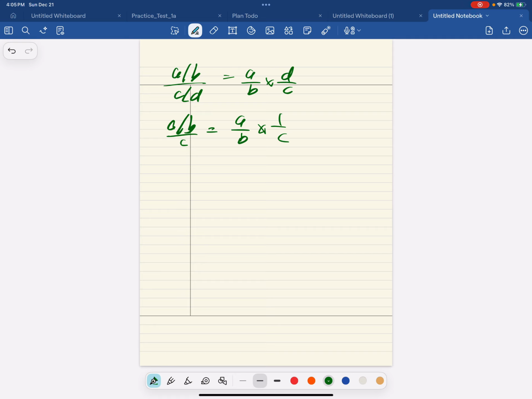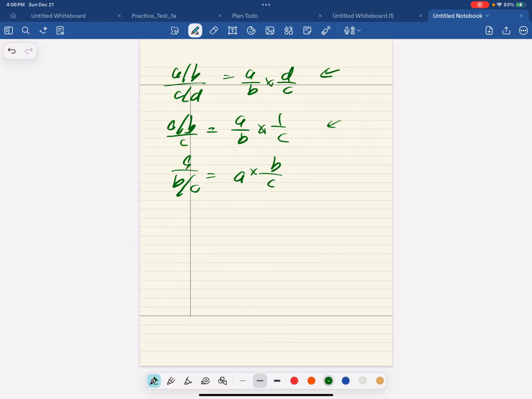And these are some rules, I should say, that you should remember, because it always comes in handy. And if you mix up when to switch upside down or when to turn it into a multiplication, if you mixed up and did times c over 1 instead, that would give you a completely different answer.